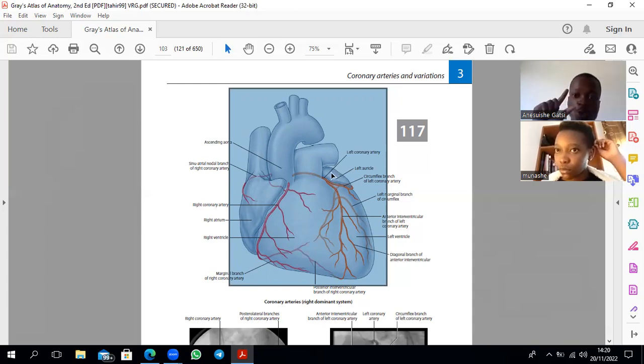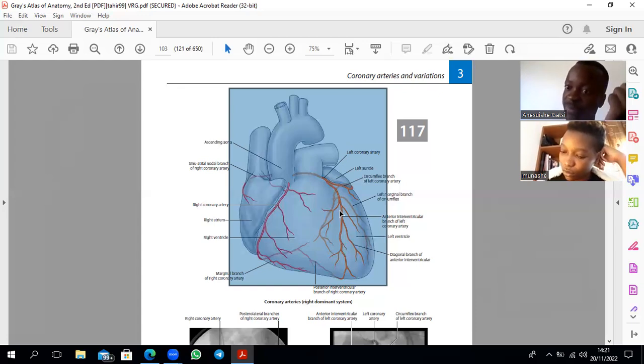It's quite short. Then it immediately divides into two terminal branches. This one is called the circumflex branch, and it also gives you this anterior interventricular artery. Remember between ventricles, there are interventricular grooves.